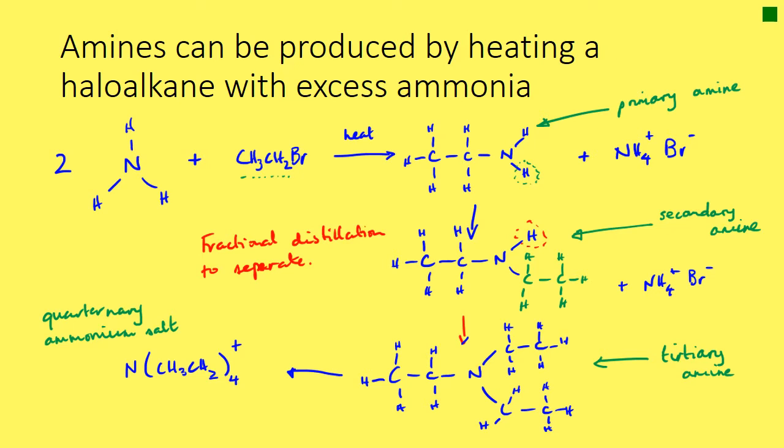However, it's not as simple as that, because we get a further reaction. What you've got here is a primary amine, but it doesn't necessarily stay like that, because this hydrogen here could possibly be substituted, in the same way as in this reaction, by this part of the bromoalkane.